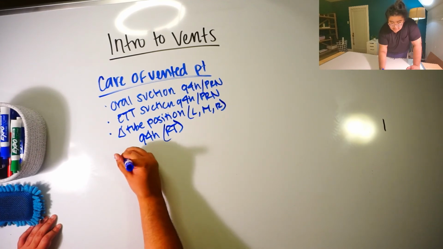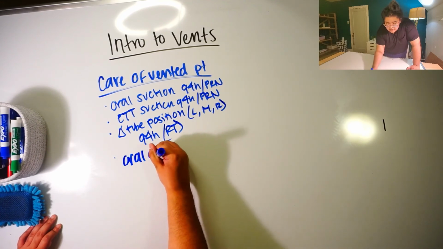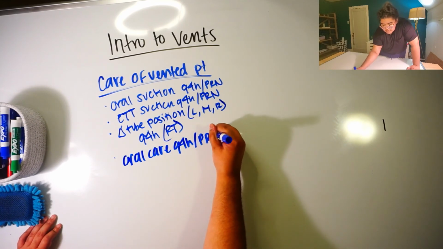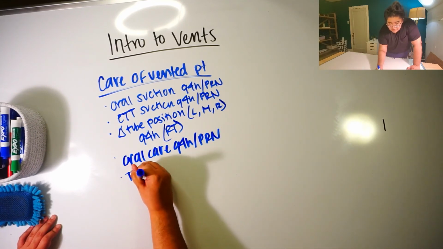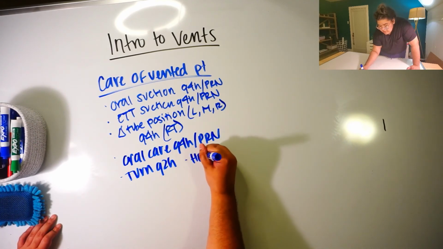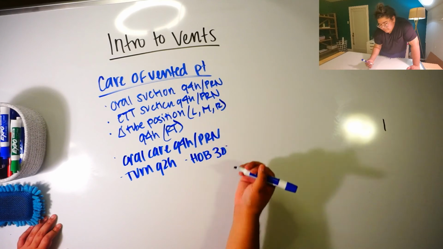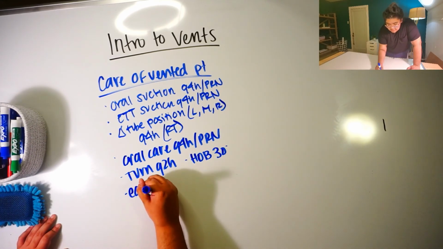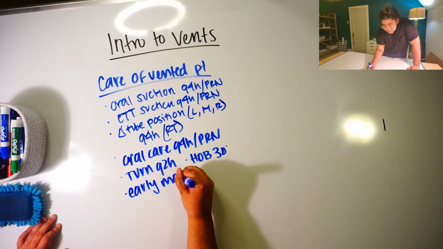We're going to be doing oral care, Q4 hours or PRN. We're going to be turning them Q2 hours if we weren't already. The head of bed is at 30 degrees, okay? We're going to be doing our early mobilization protocol.